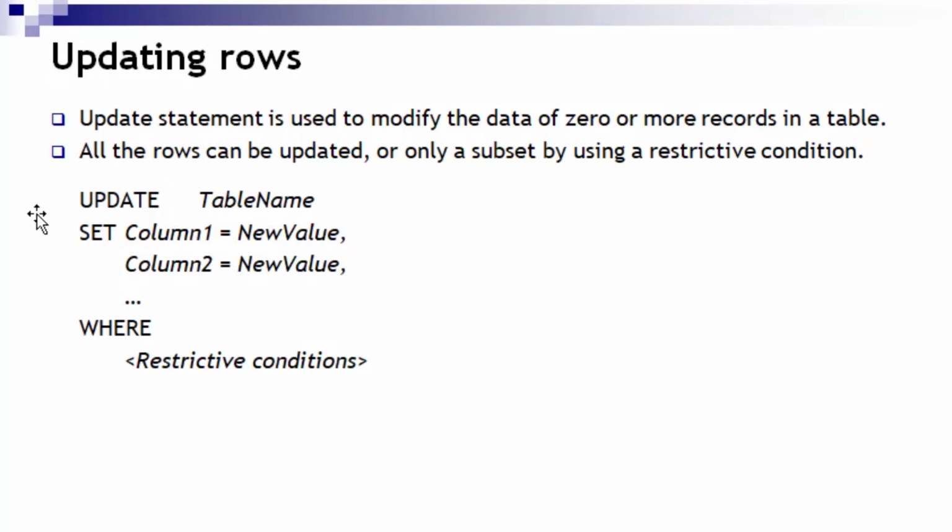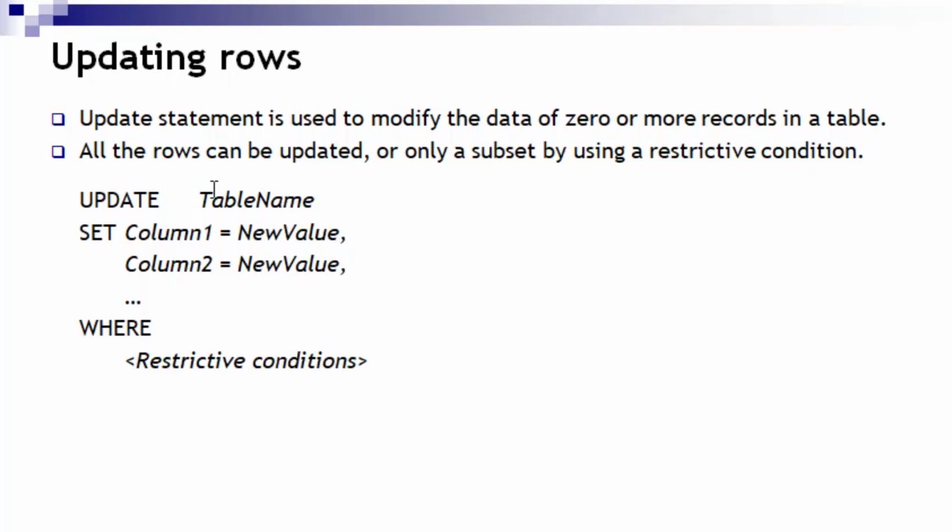Then there's a mention of using the update statement to update rows. Now we can either update one row or no rows or many rows even, but you are ultimately updating the column values. This column value is depicted in the set statement there, and we're setting a column equal to a new value.